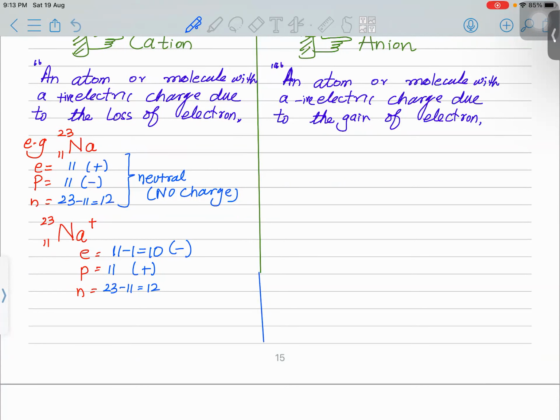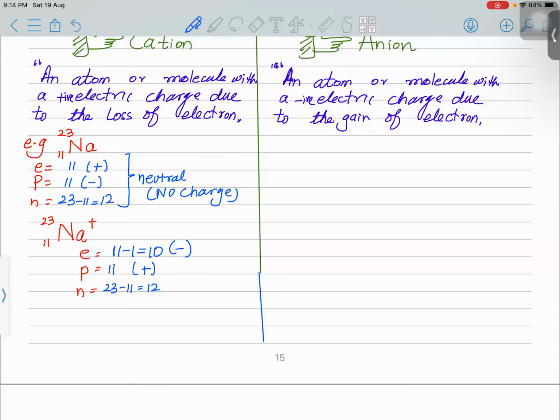In Na plus, the protons are more. Can you tell me how many protons are more? One more. It means one more positive charge.